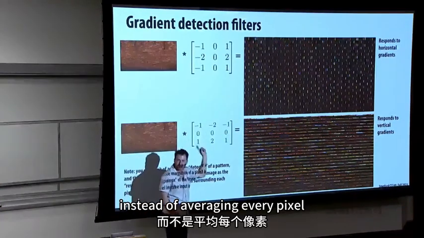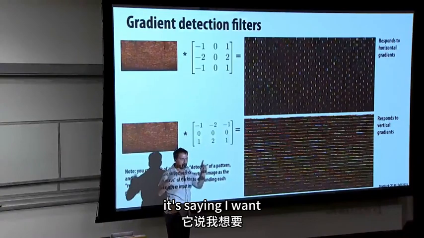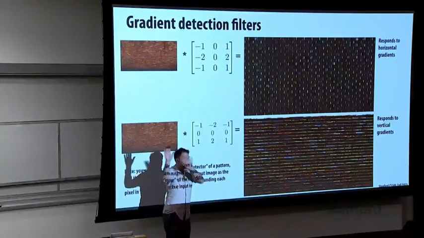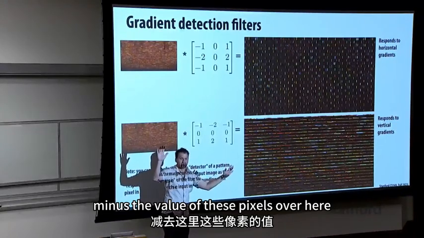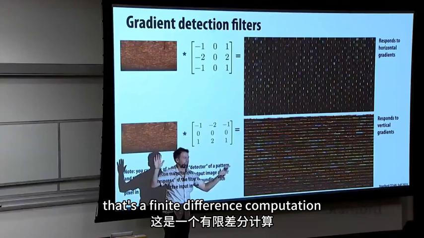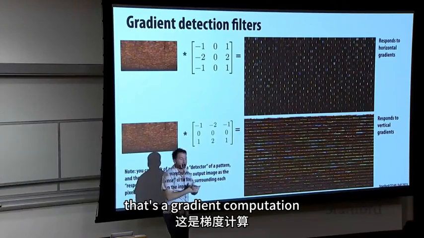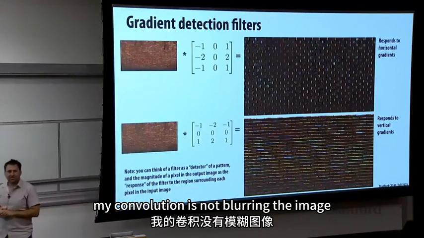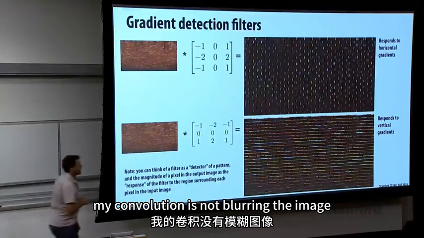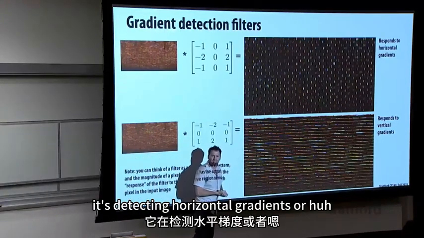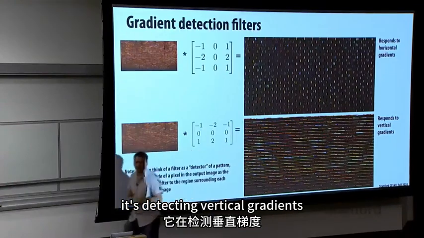Instead of averaging every pixel, it's saying I want some positive scaling times these pixels over here minus the value of these pixels over here. And now all of a sudden, that's a finite difference computation. That's a gradient computation. So with these different weights, my convolution is not blurring the image. It's in fact detecting horizontal gradients, or vertical gradients.